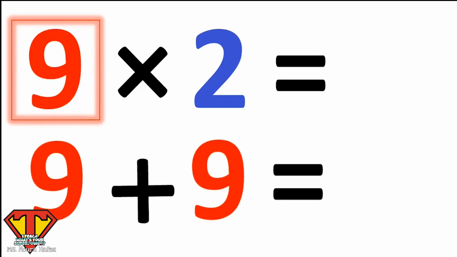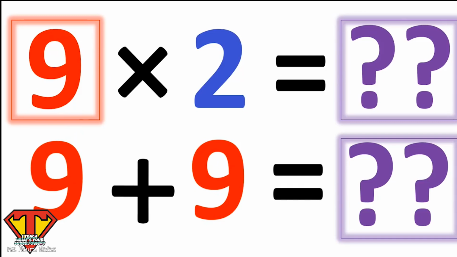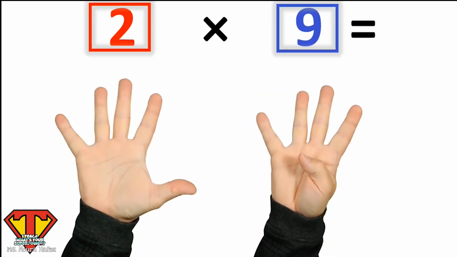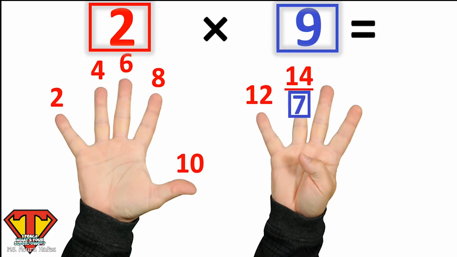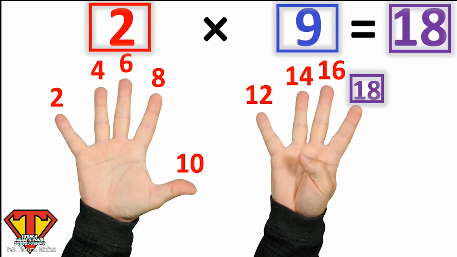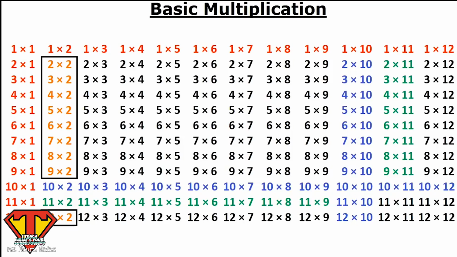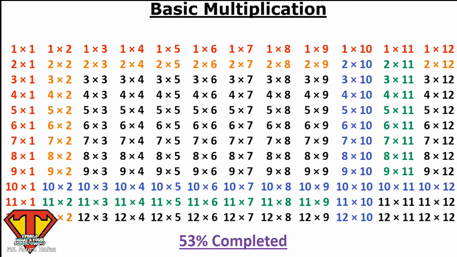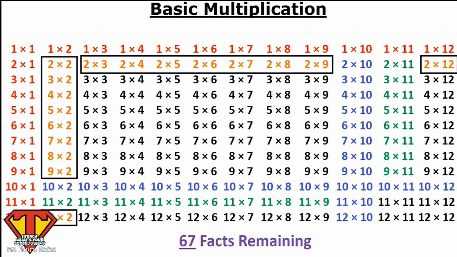So if you take 9 times 2 or 2 times 9, what you do is skip count by 2's 9 times. So you go 2, 4, 6, 8, 10, 12, 14, 16, and then you stop at 18. Well, guess what? 4 rules, just 4 rules. You know now 77 multiplication tables, and you only have 67 remaining.